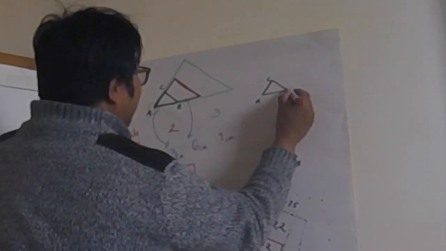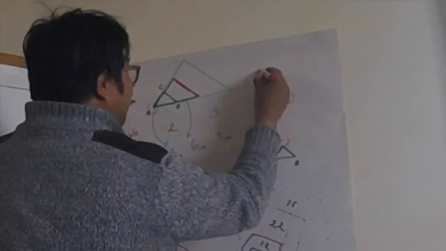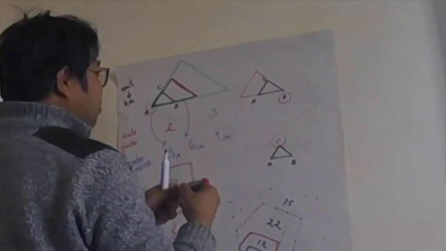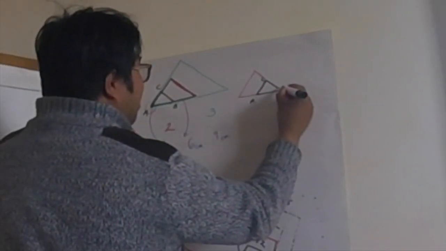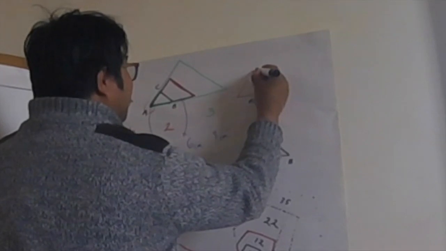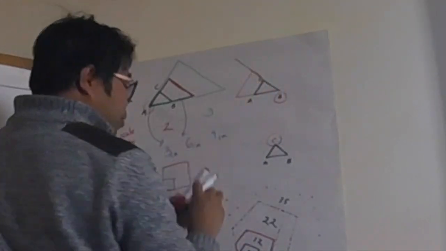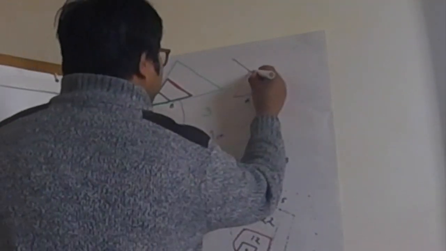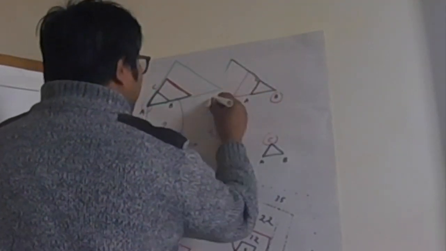So here it would look like this. You are enlarging it like this, right? And you're enlarging it this way. Oh, where's the green one? So it looks the same. There.